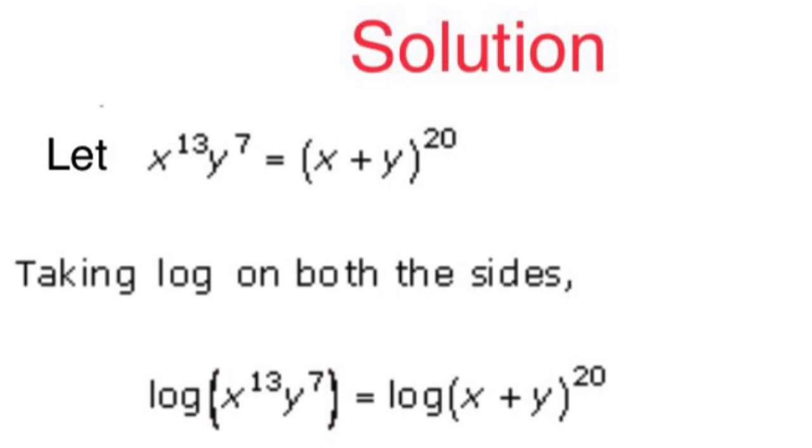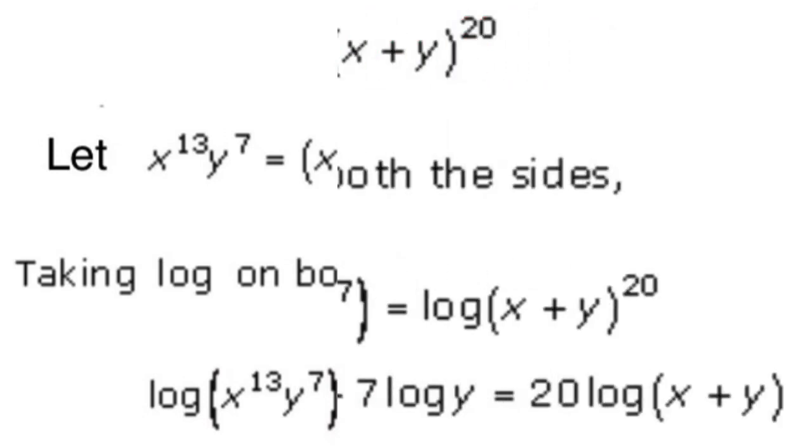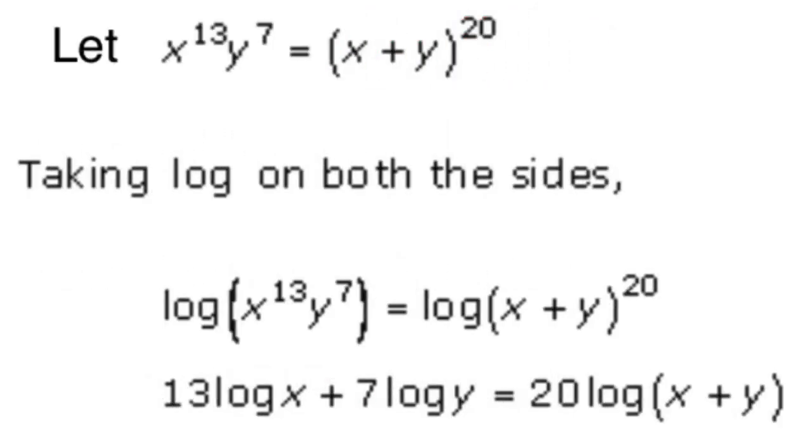So we'll get log of x raised to 13 into y raised to 7 equals to log of x plus y raised to 20. Now, according to the logarithmic property, we will get 13 into log x plus 7 into log y equals to 20 into log of x plus y.